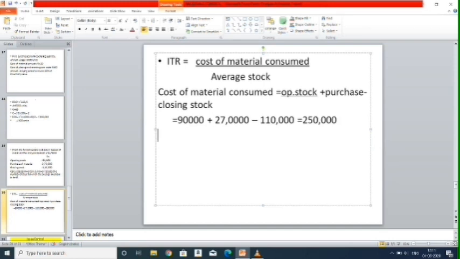Then we have to find out average stock. Average stock is equal to opening stock plus closing stock divided by 2.